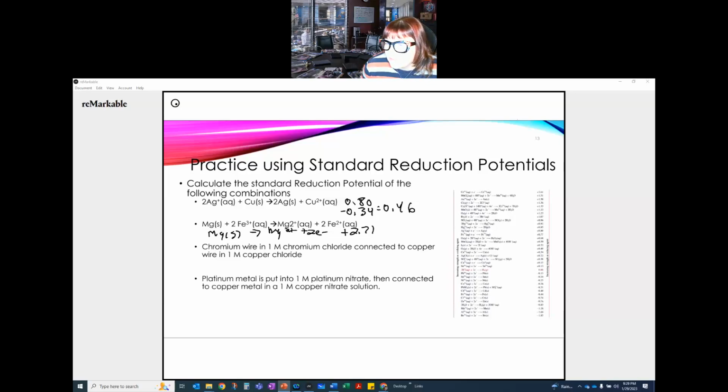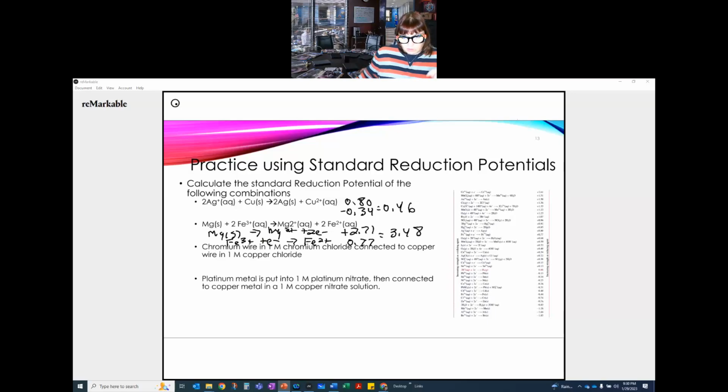Fe3+ to Fe2+ is this one right here. This is 0.77. And that's 3.48.